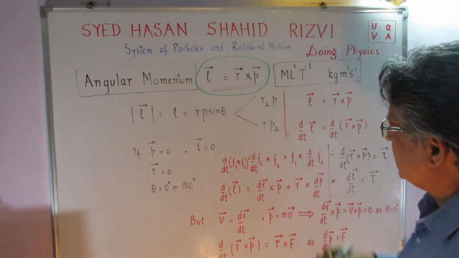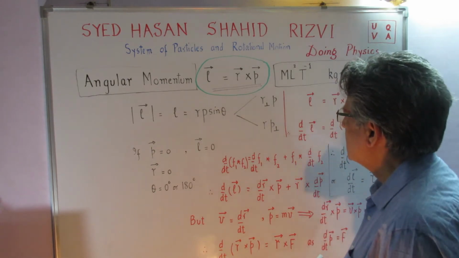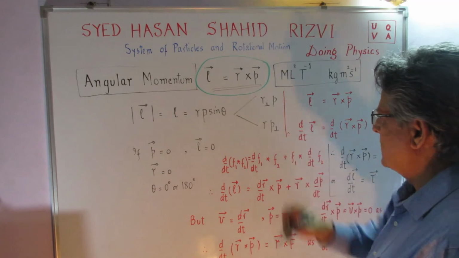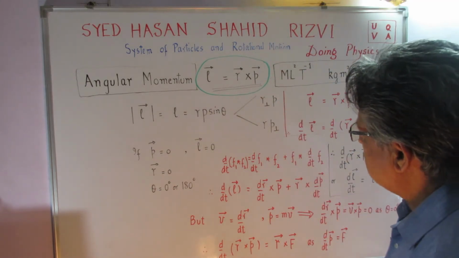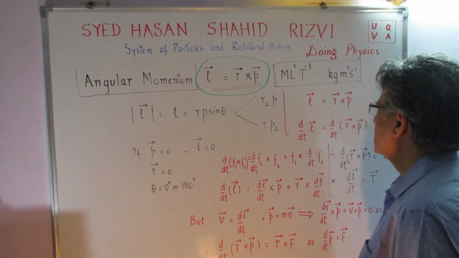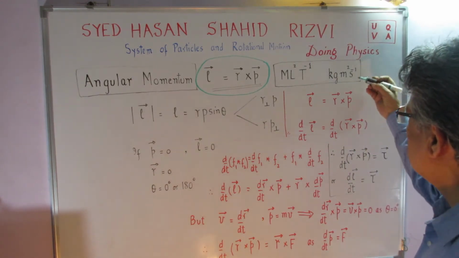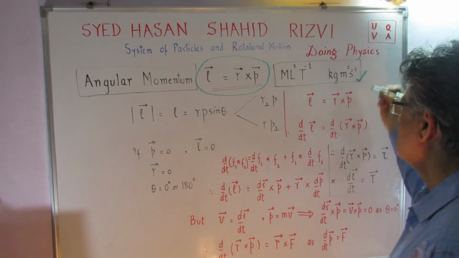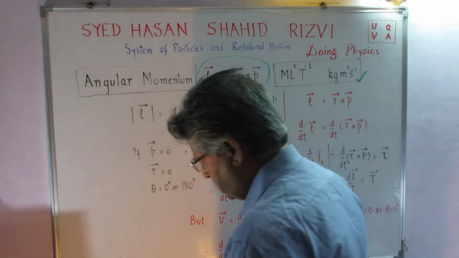Of course, the dimensions are M L squared T to the minus 1. This has the dimension of L times mass times velocity, kilogram meter per second multiplied by meter, which gives us the unit in the SI system.